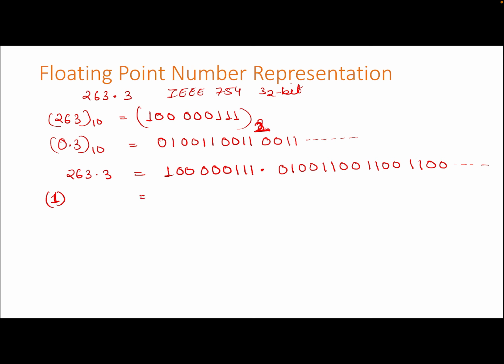So I have to move this decimal point here. So 1, 2, 3, 4, 5, 6, 7, 8. So I'll write 1.00000111 0 1 0 0 1 1 0 0 and so on, into 2 raised to power 8, since I have shifted it 8 places ahead.